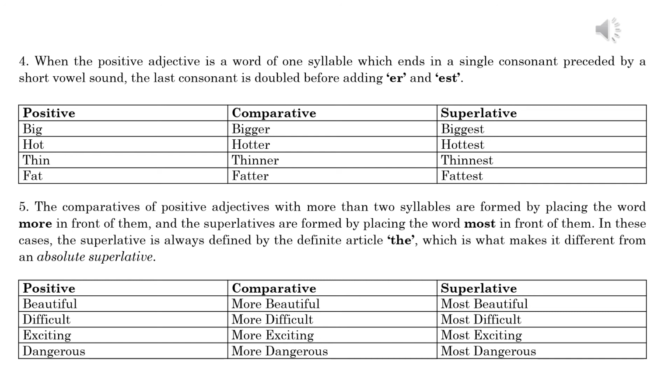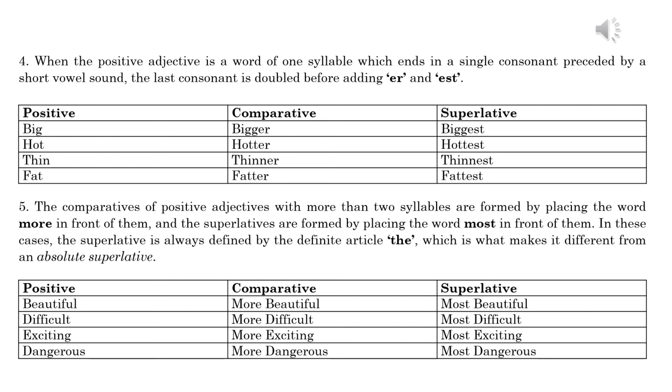5. The comparatives of positive adjectives with more than 2 syllables are formed by placing the word more in front of them, and the superlatives are formed by placing the word most in front of them. In these cases, the superlative is always defined by the article the, which is what makes it different from an absolute superlative.